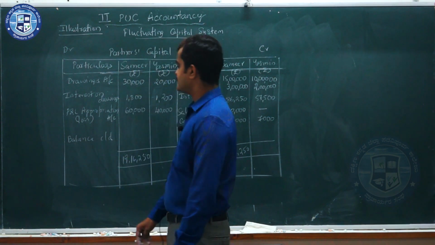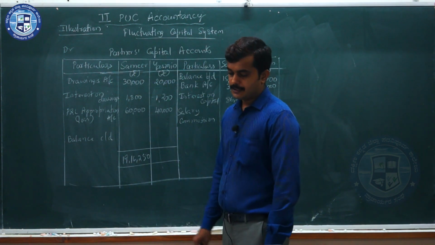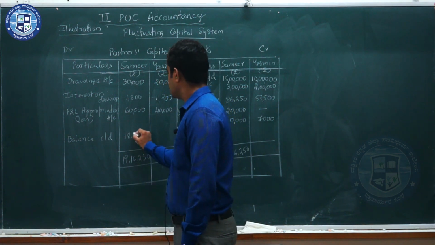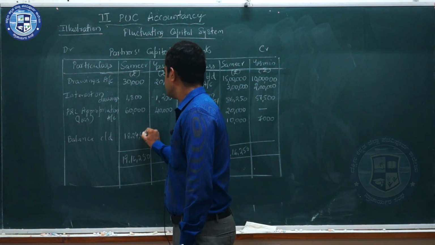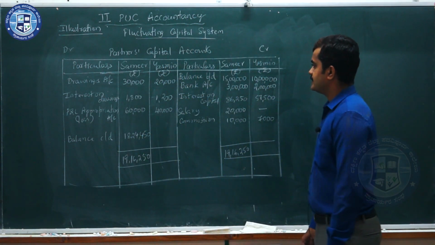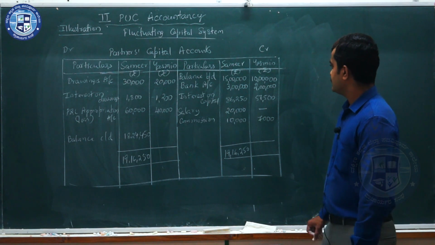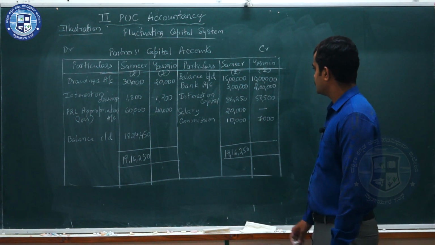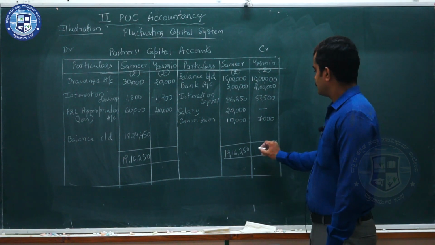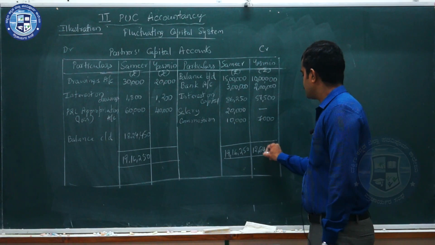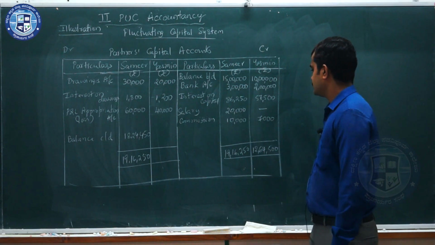We have to write as balance carried down, and balance will be 18,24,450. On the other side, total of Yasmin's account comes to 12,64,500.